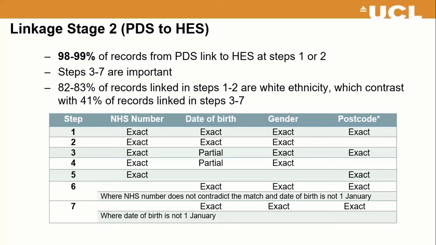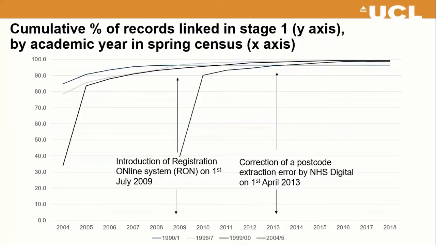Now, let me show you evidence of how improvement in the linkage could be achieved. This figure shows the cumulative percentage of records linked in stage 1 from NPD to PDS by academic year of a spring census. This is data in the National Pupil Database.